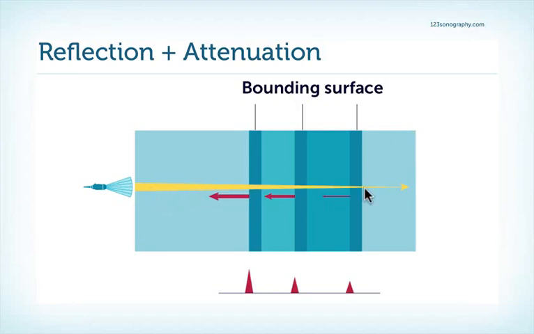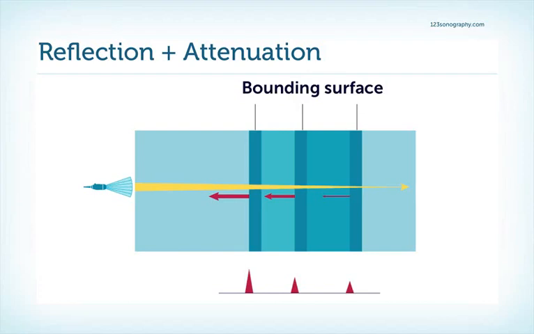The further away the reflection occurs, the longer the time until it is again received by the transducer. By calculating the time it takes for the ultrasound wave to return to the transducer, and if we know exactly how fast the ultrasound wave travels within the tissue, we can calculate where the point of reflection occurred, and we can generate an image.